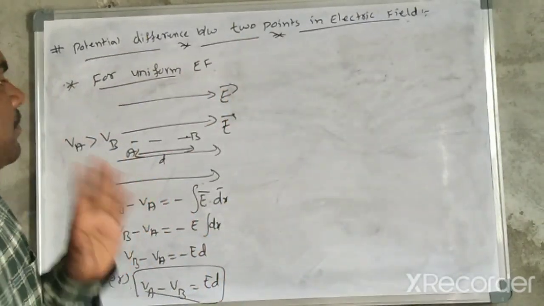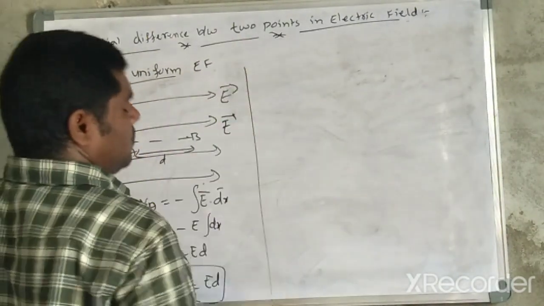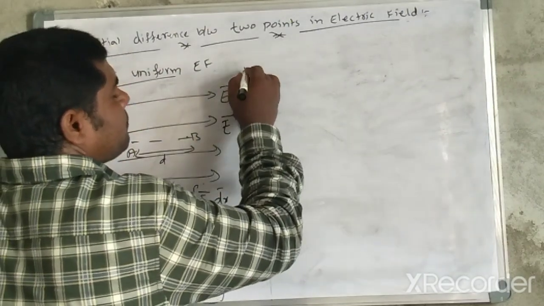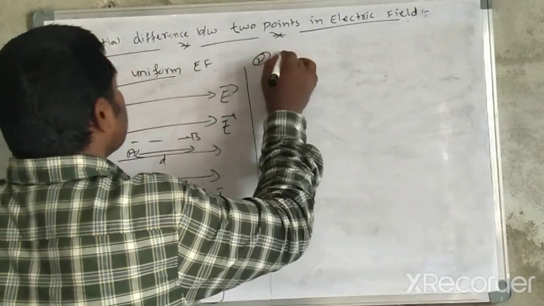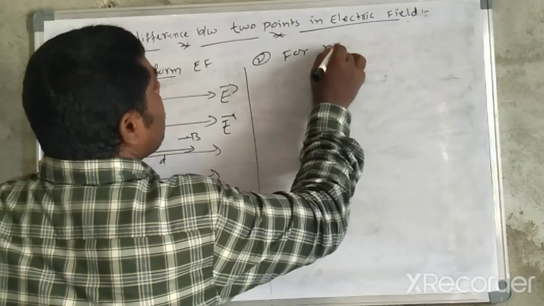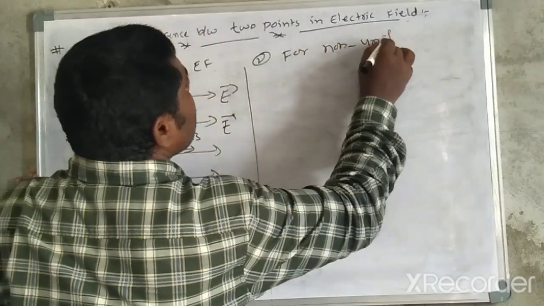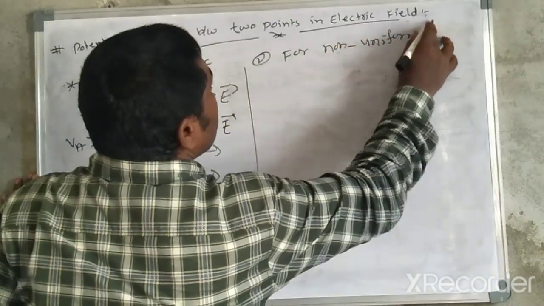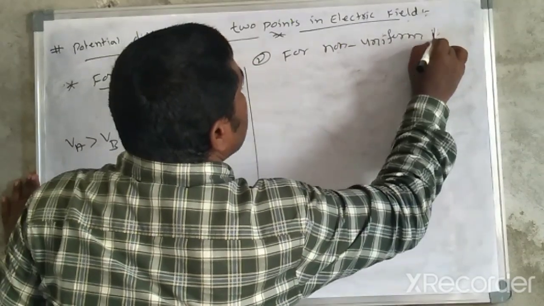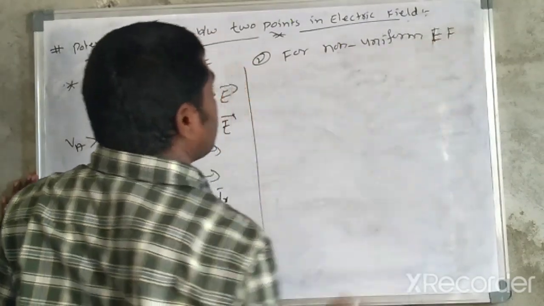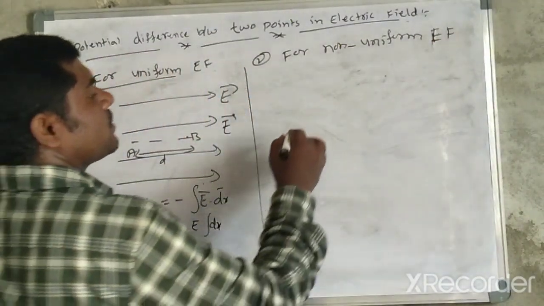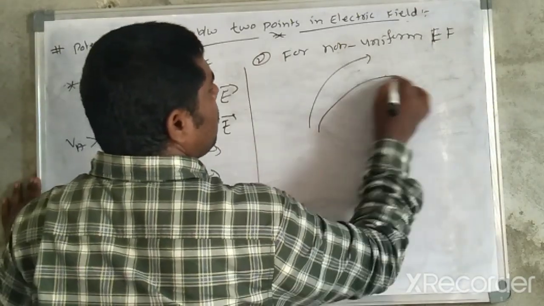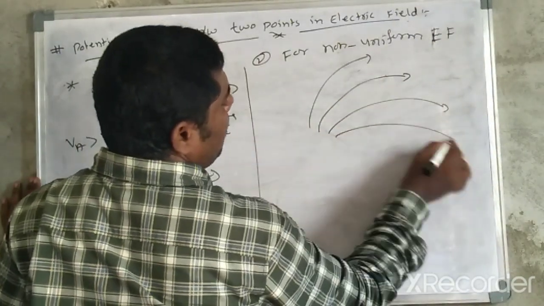Another one, for a non-uniform electric field. Let us consider the non-uniform electric field like this.